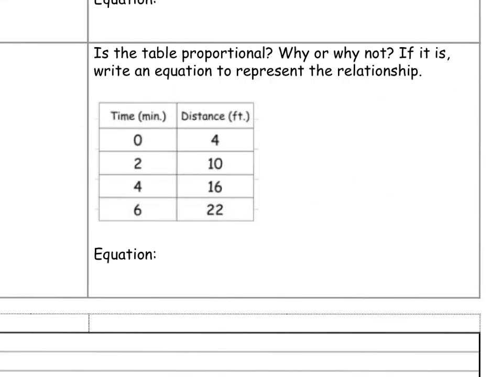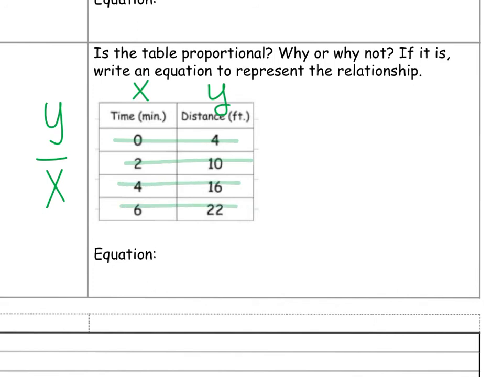And then lastly, we have one more example, and it's asking, is the table proportional? Remember, to figure that out, we always are going to do y divided by x. So in a table that goes up and down, we have x first, then y. And when I look at each row, I'm going to have to divide. Now in this table, the first row has a 0.